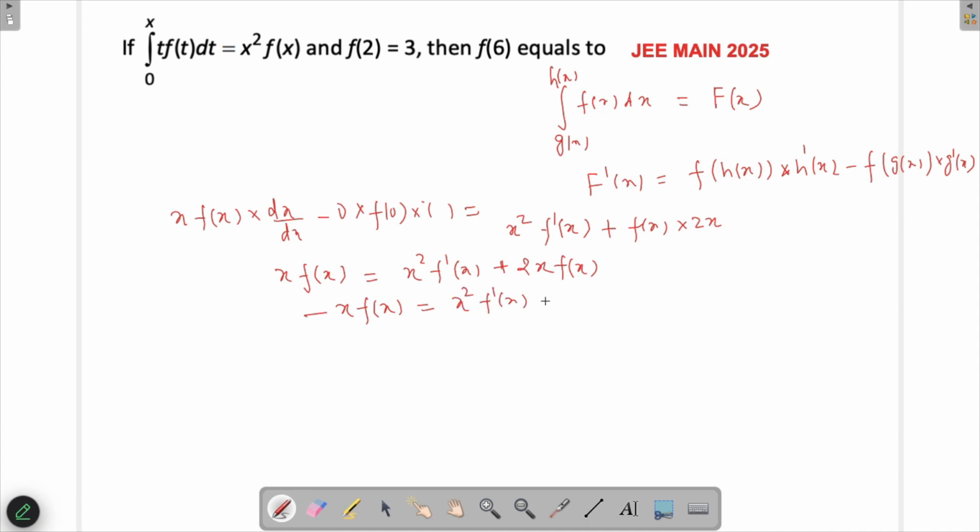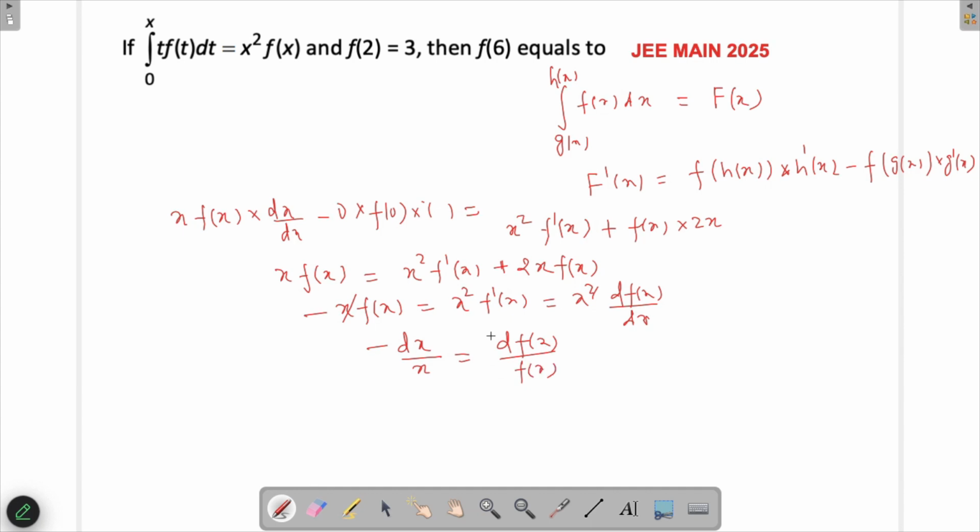So you are writing this as x square into df(x) by dx, so you can cancel one of the x, and then this becomes a variable separable type. So you will get minus dx by x equals df(x) by f(x).